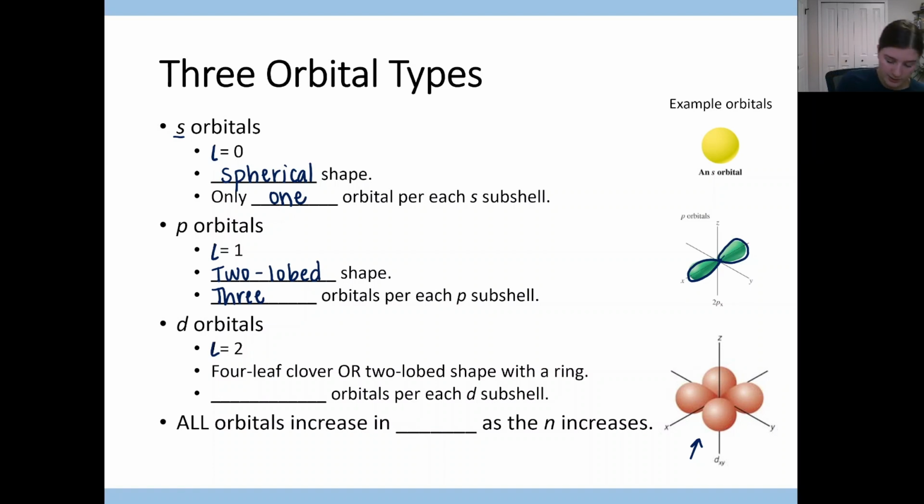And for each d subshell, there are 5 orbitals. For any orbital, even if we're just talking about s orbitals, if n has increased, then the size of the orbital has increased. So an s orbital at principal quantum number 1 is smaller than an s orbital with principal quantum number 4, for example.